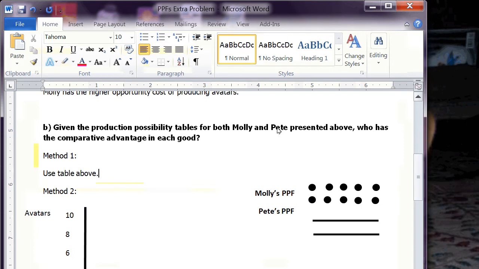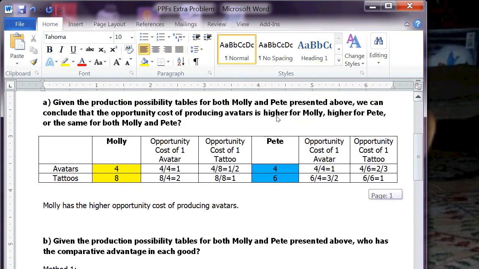So I told you we had just done more calculations than we really needed. So we're going to go up here and look. Find who has the comparative advantage in each good. Now, as a reminder, if you have the comparative advantage in producing a good, that means you have the lowest opportunity cost in producing that good.